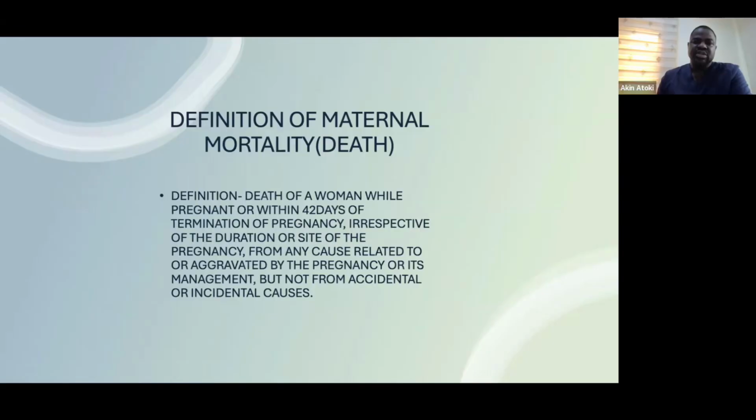And so sometimes it could be iatrogenic, meaning that it could be caused by the healthcare providers, sometimes the way they manage the pregnancy.